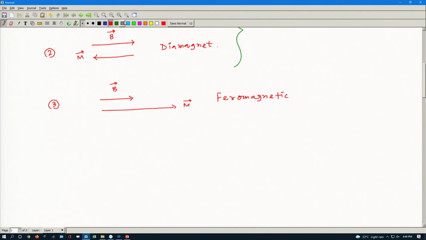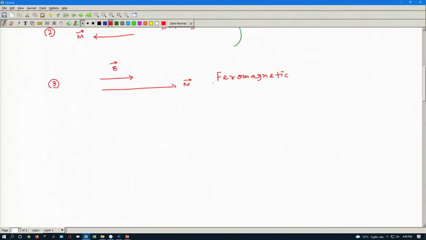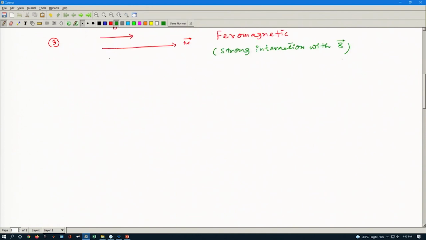For ferromagnetic material, the interaction with B is very strong. These are normally the permanent magnets.